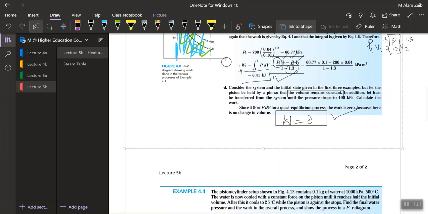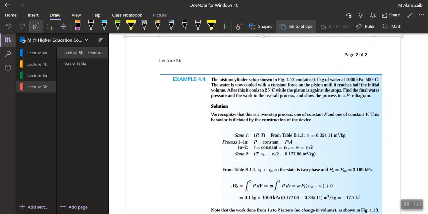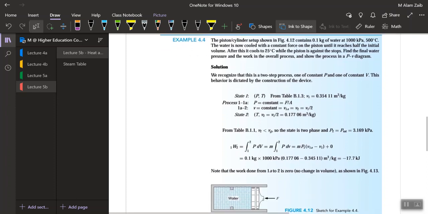Now let's go to another example, 4.4. A piston and cylinder setup shown in figure 4.12 contains 0.1 kg of water at 100 kPa and 500 degrees centigrade. The water is now cooled with a constant force on the piston until it reaches half of its initial volume.